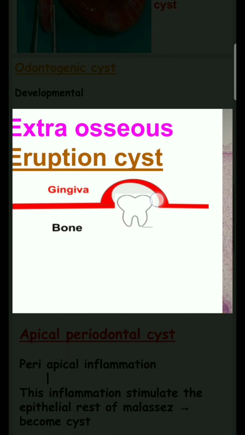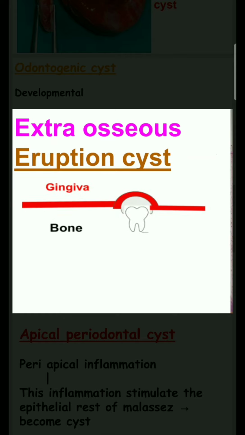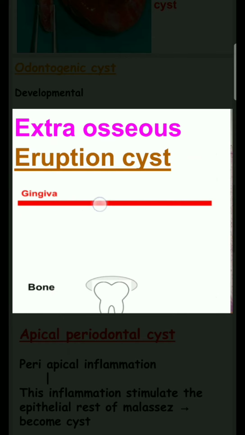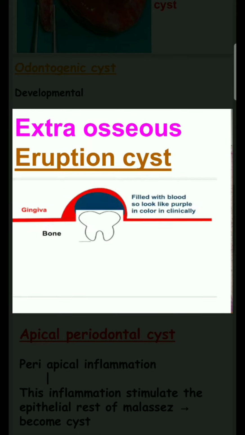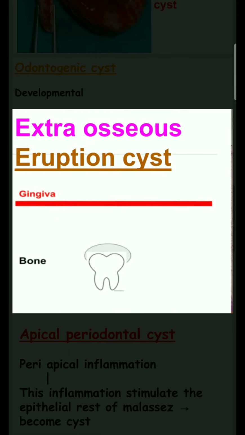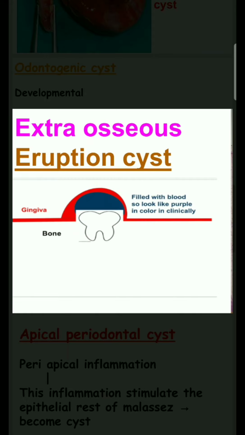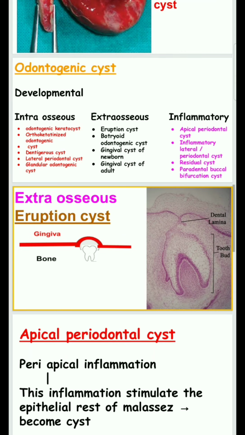So the gingival portion gets thickened, and as a result the tooth can't erupt. When the tooth reaches the gingival portion but can't erupt, it stimulates the formation of a cyst filled with blood. It is called an eruption cyst.